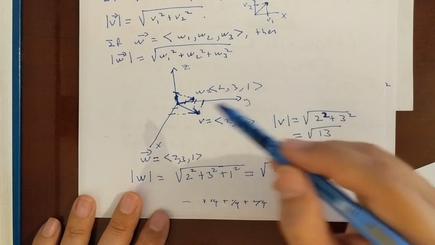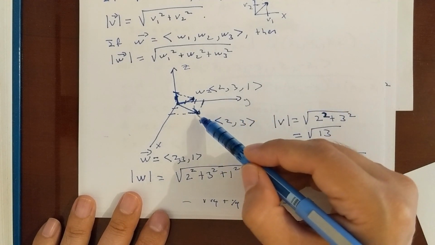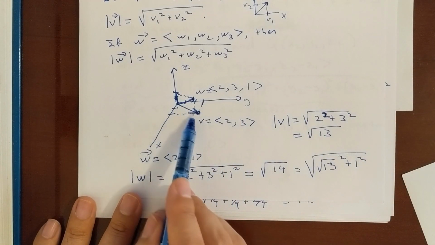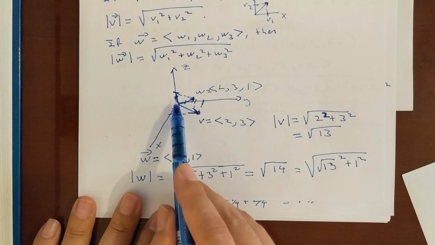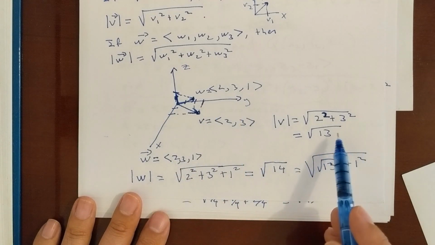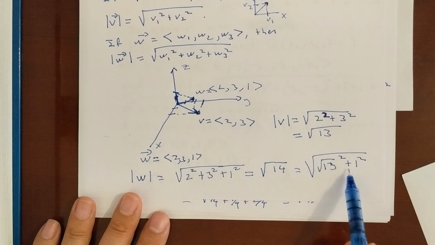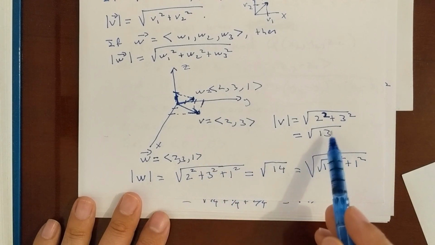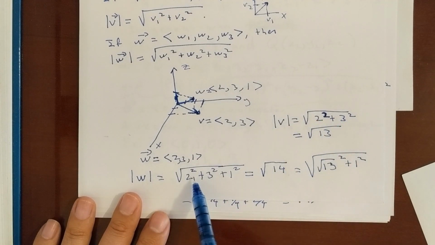Well, now we're going to apply the Pythagorean theorem again. We need the length of this. Luckily, we calculated this one, right? Square root 13. Now we need to calculate the length on the z. Well, that's just 1. So it's going to be square root of 13 squared plus 1. Well, guess what? That's just each, well, what was squared? It was square root of 13. Well, 13 was these guys squared, so it doesn't matter.